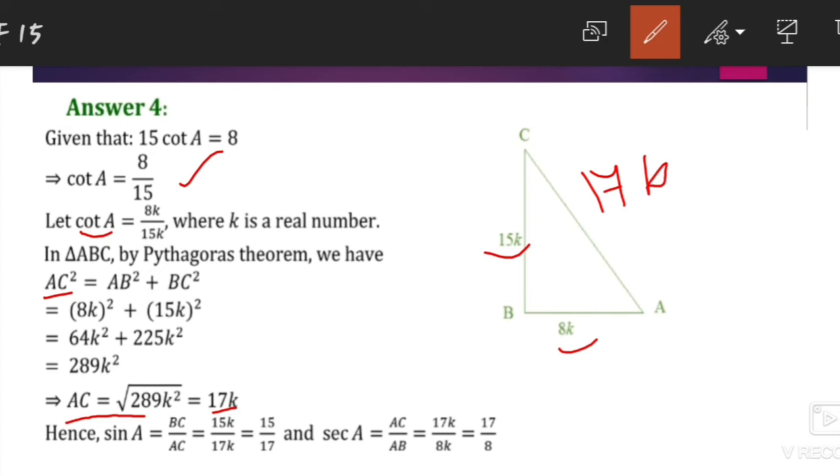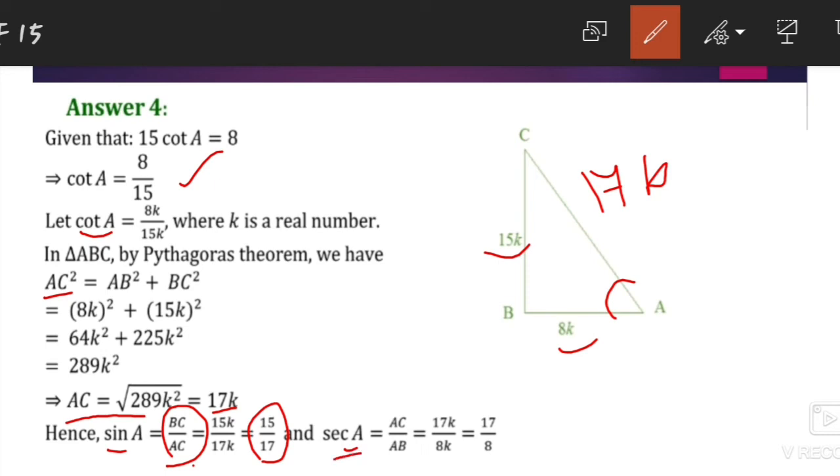Now you have to find the values of sin A and sec A. The formula of sin A is opposite by hypotenuse, that is BC by AC. Put the values of BC and AC, and you will get 15 by 17.